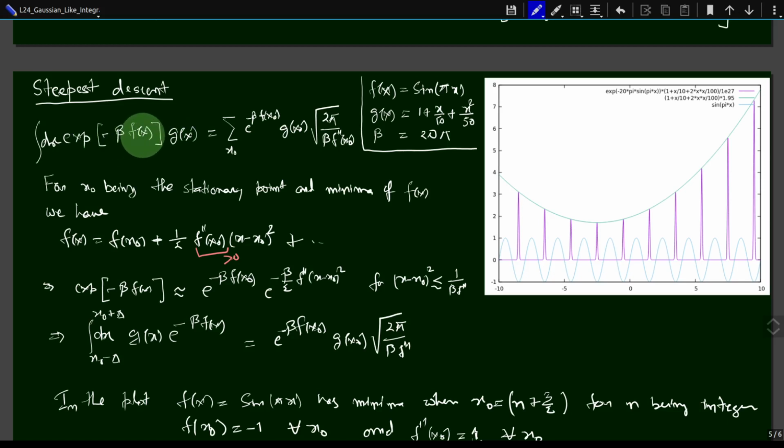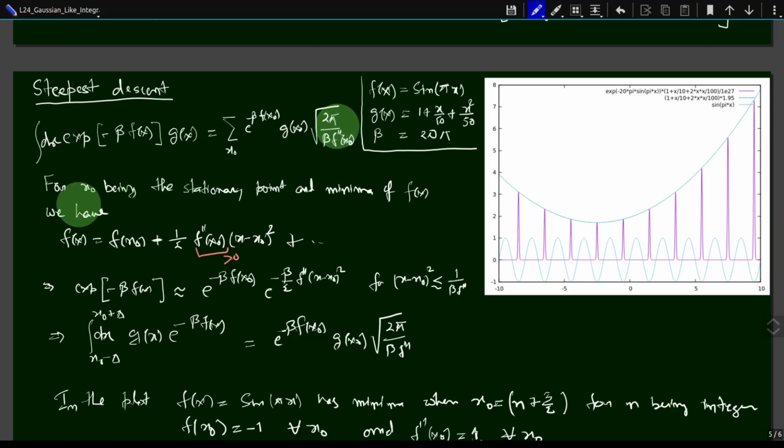A small variation in f of x makes the exponential change very much, so it can decay very fast. So this particular integral is written as a sum over x naught, where x naught are the points where f has a local minimum, and then exponential of minus beta f of x naught, g of x naught, and then this extra factor is there.